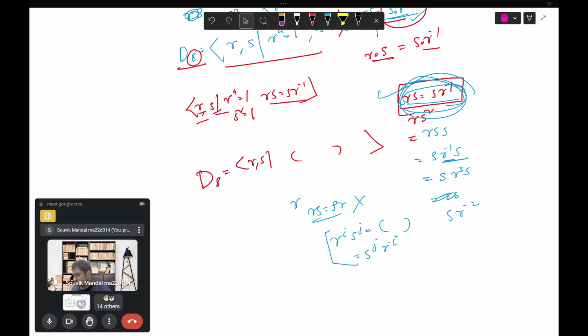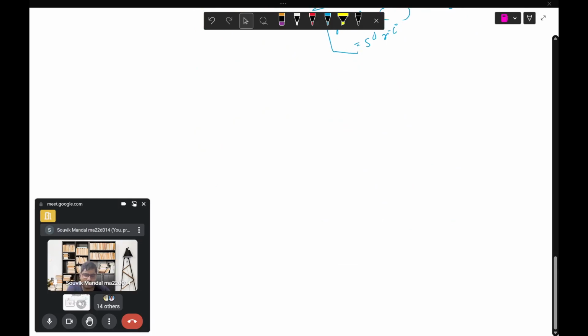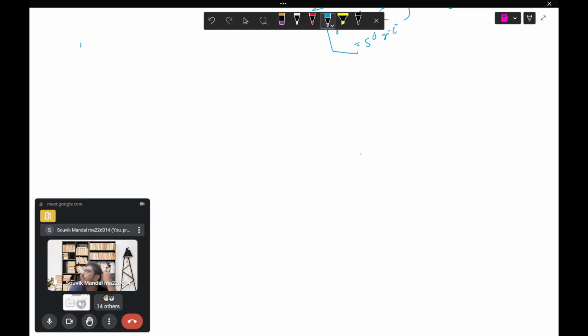So, sir, we say every group is isomorphic to a subgroup of a permutation group. So is any subgroup of Sn of the form Dn? If I take any subgroup of Sn, can it be written in the form of Dn, like the dihedral group? The only thing is I'm allowing more dimensions.